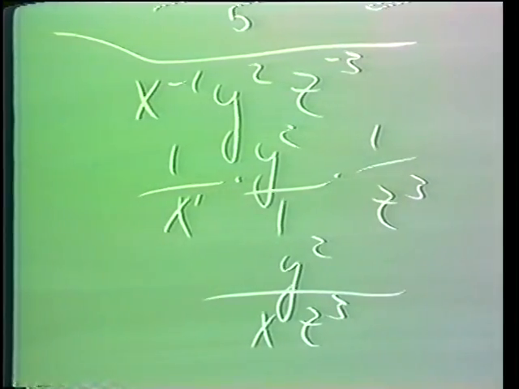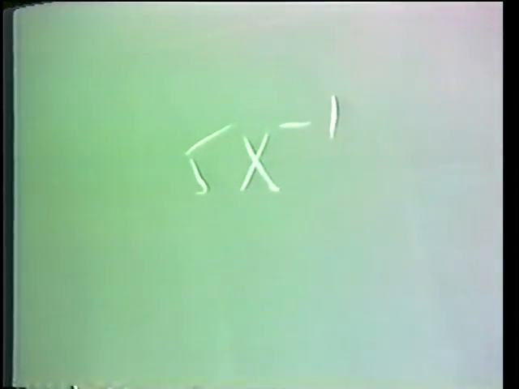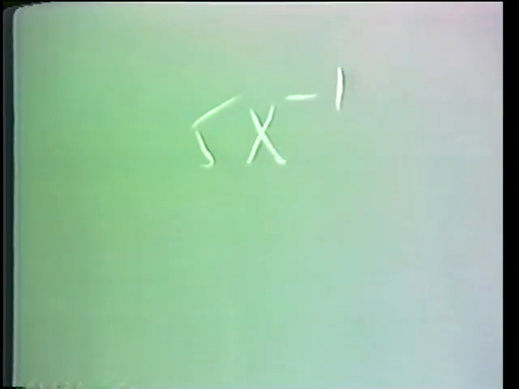Suppose we have 5x to the negative 1. And again, I asked you to express that as a single fraction without negative exponents. Tony, what did you get? 5 over x.